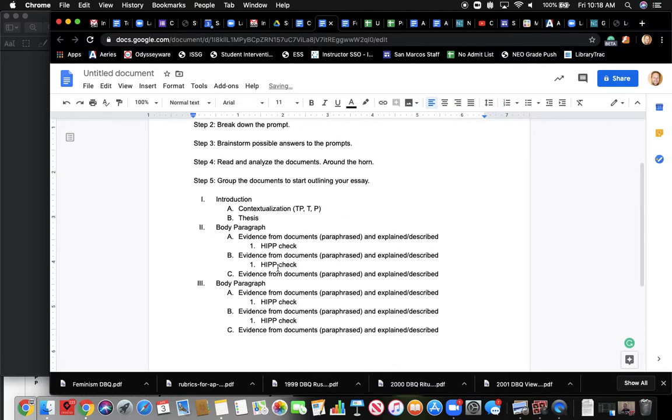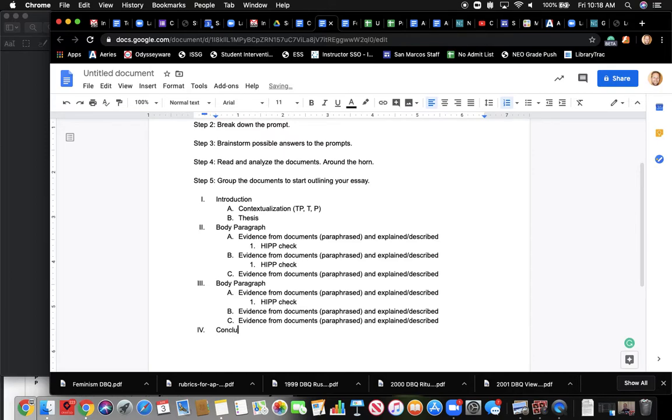If you've done 2 in your first body paragraph, then you only have to HIPP check 1 in your second body paragraph. If you only HIPP check 1 in the first body paragraph, then you have to HIPP check at least 2 of them in the second body paragraph. Again, in the body paragraphs, you just need to make sure that you HIPP check 3 of the documents.